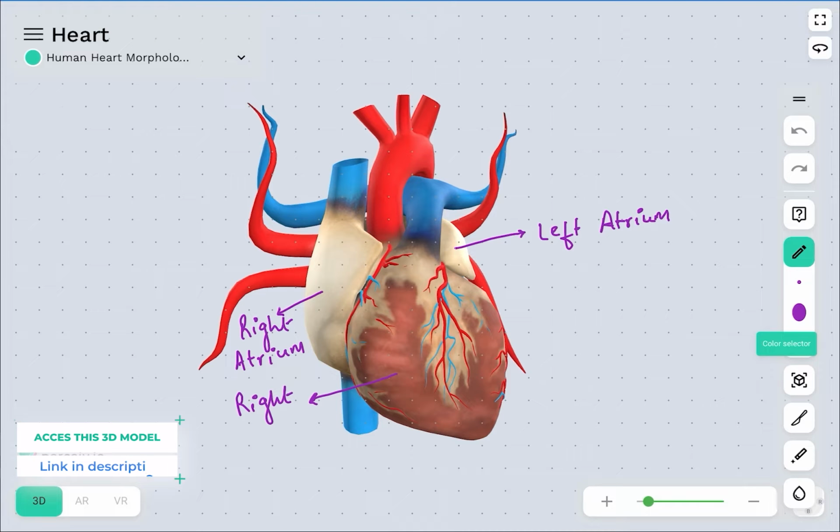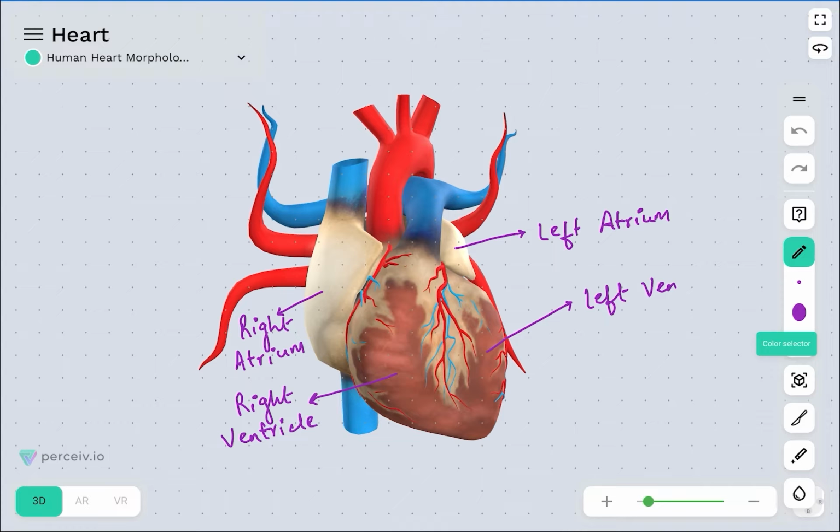That means this chamber, the lower chamber, which is next to the right atrium. And this is represented by the left ventricle. All right. So these are the four chambers of the heart: right atrium, left atrium, right ventricle, and left ventricle.